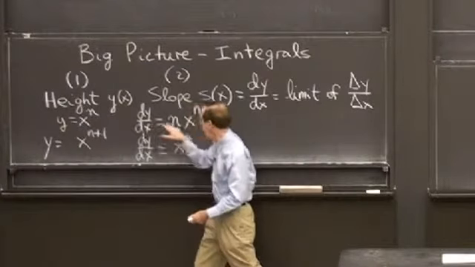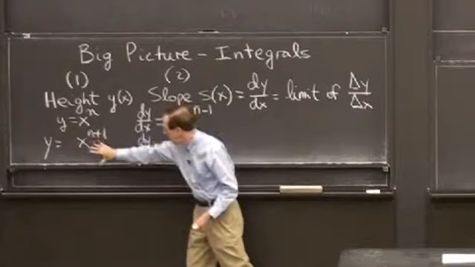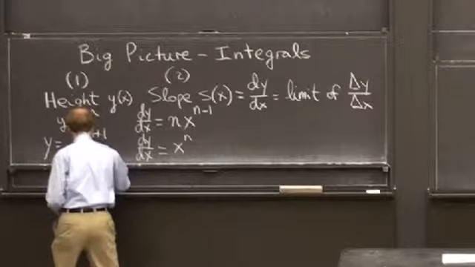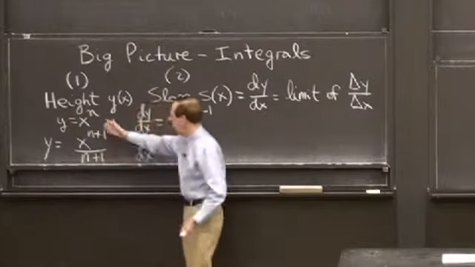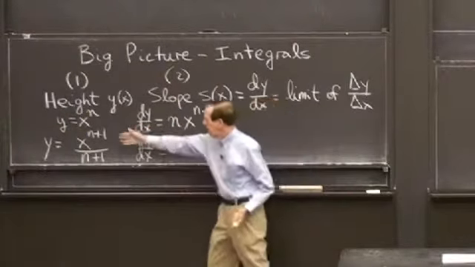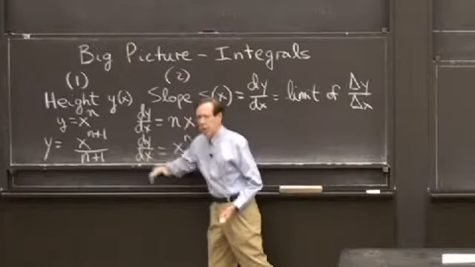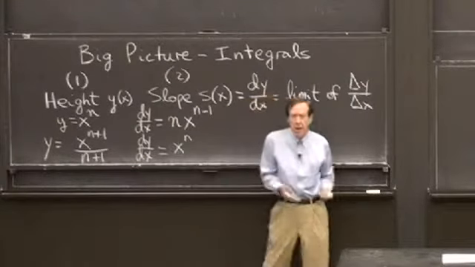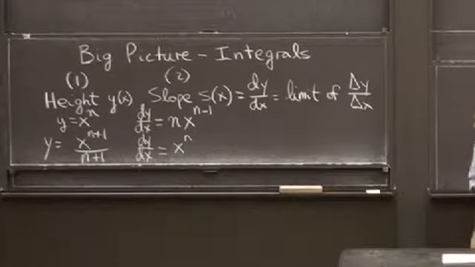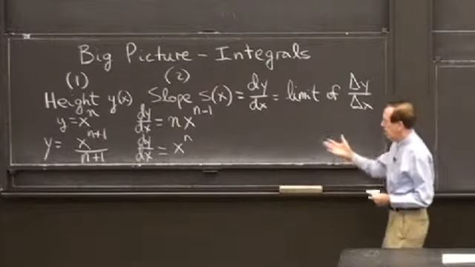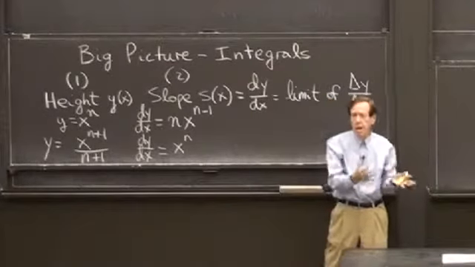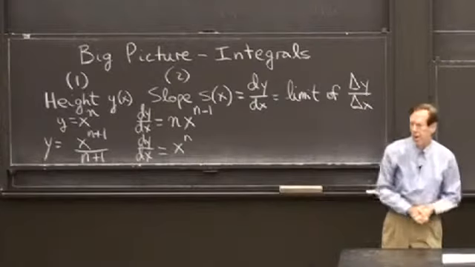Just as n came down here, n plus 1 will come down, and therefore I better divide by n plus 1, so that when I go to number 2, the n plus 1s will cancel, the power will drop by 1, and I'll have x to the nth. Okay, there's an example, quite a useful one, of going from step 2 to step 1 just by recognizing what you want.